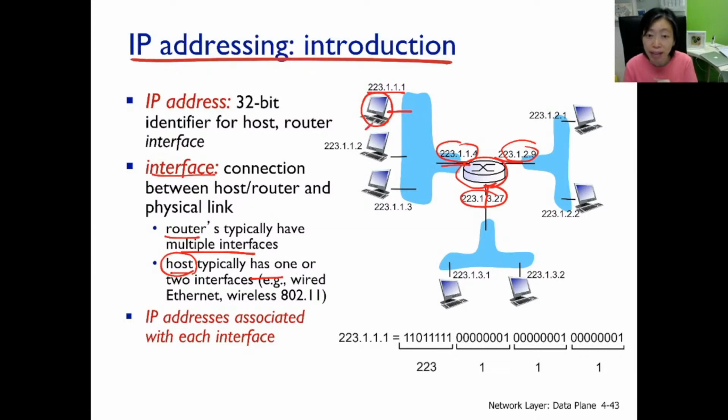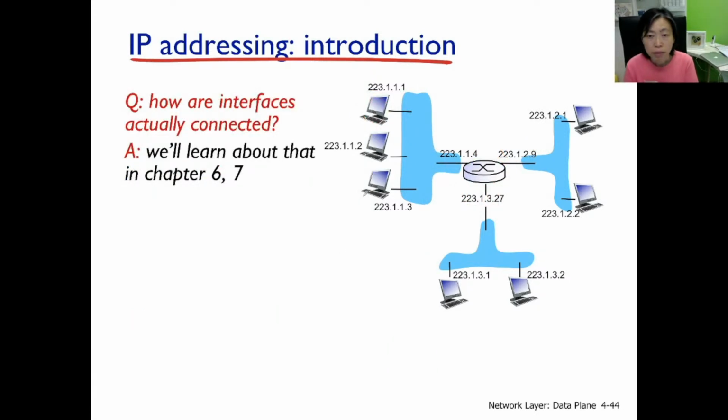This is an end system's characteristic. The core system routers definitely have multiple interfaces. You see a little more clearly that the interface is the part that connects a host to a link like this, to a link like this. So bottom line, IP addresses are associated with interfaces, not a physical machine.